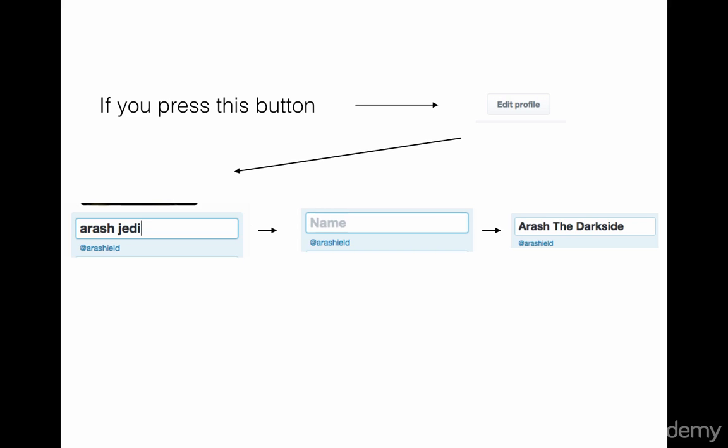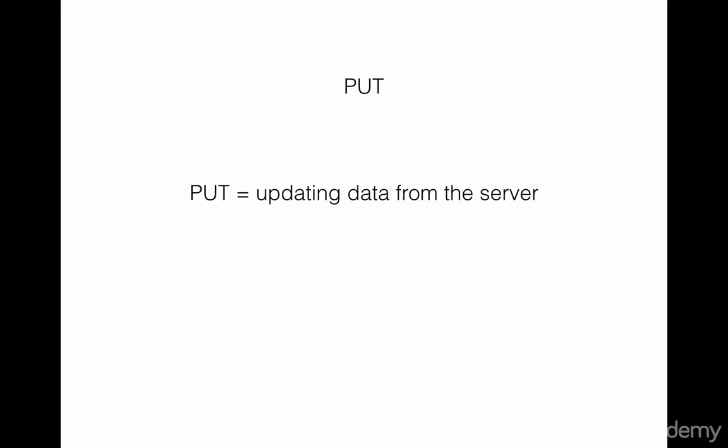So what kind of HTTP method do you think it is using? It is using put. Put is basically the same as post, but the difference is that it is replacing the data in the database with the new data that you have sent.